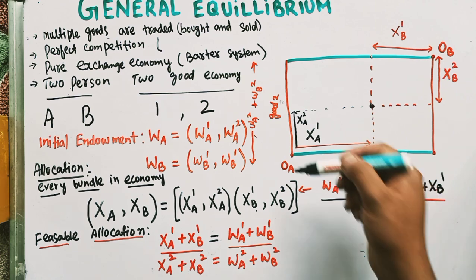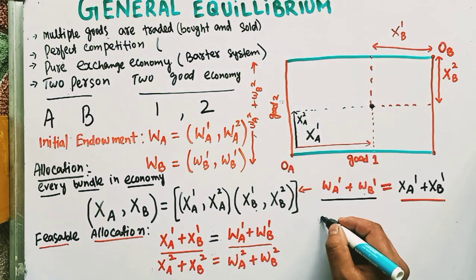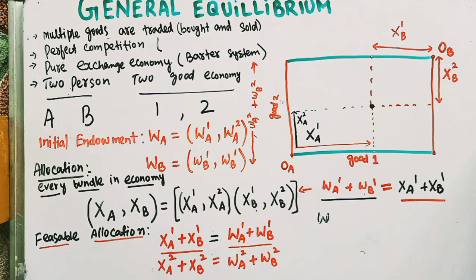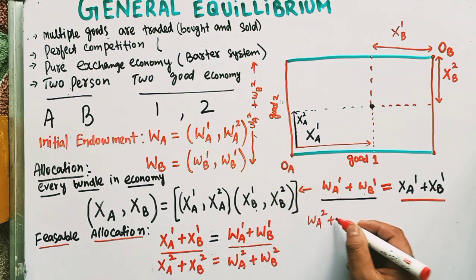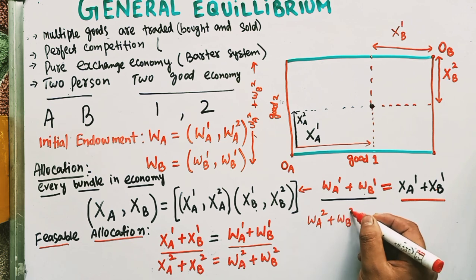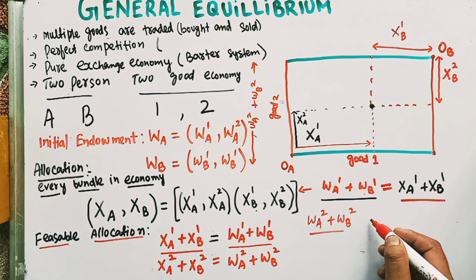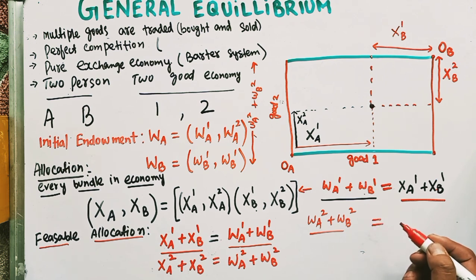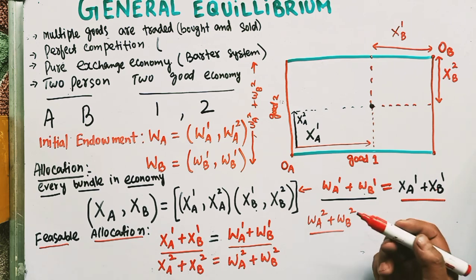Similarly, on this axis we have WA2 plus WB2 as total supply. This red line shows that the total supply of good 2 is equal to the total demand of good 2.